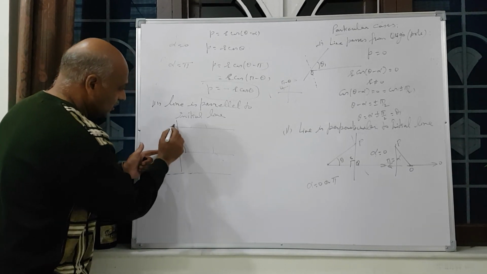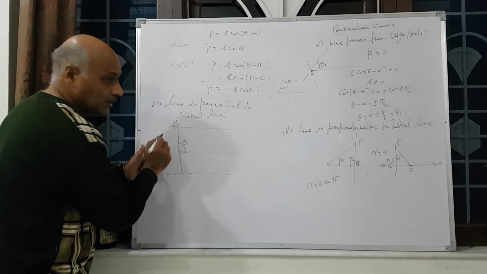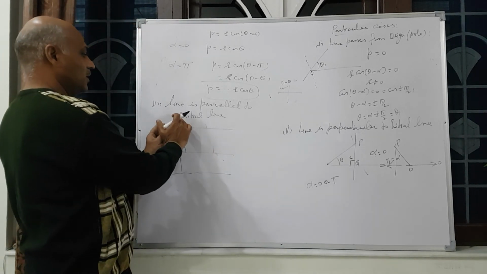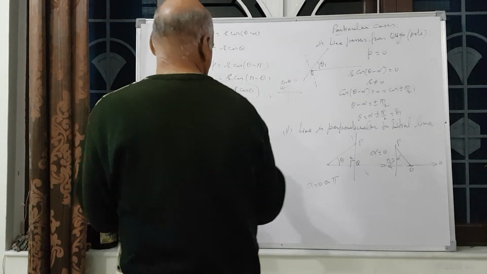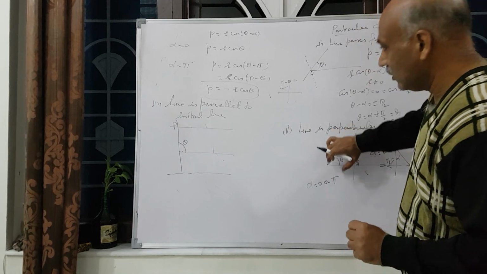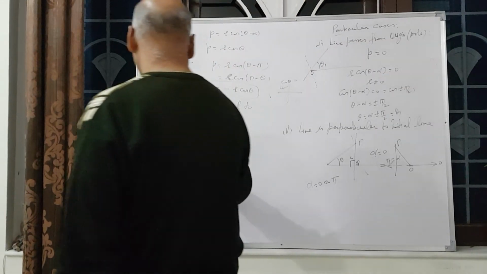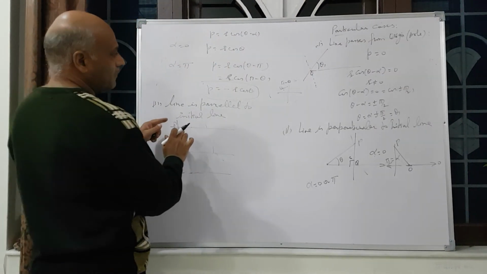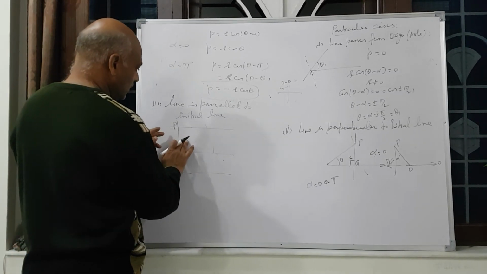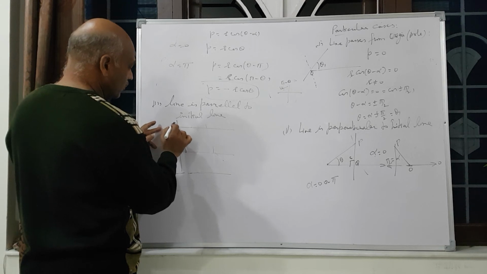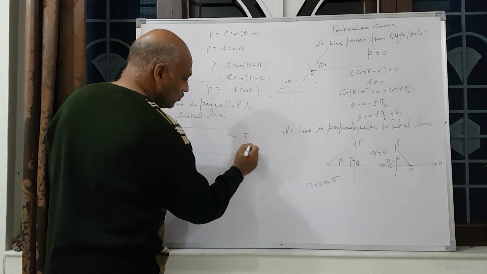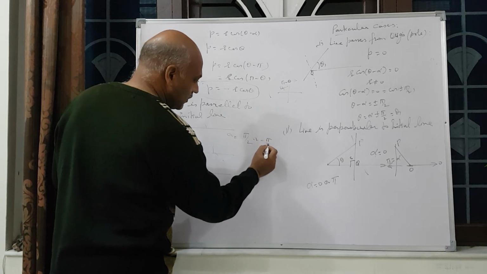So now this is p, this is theta, this becomes here, this here 0. So what is alpha here? Alpha, this becomes q. So alpha is equal to pi by 2 or minus pi by 2.